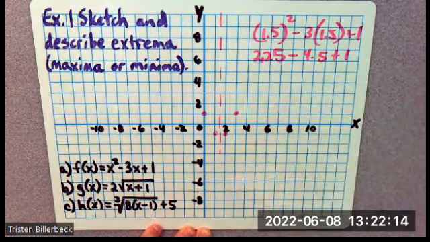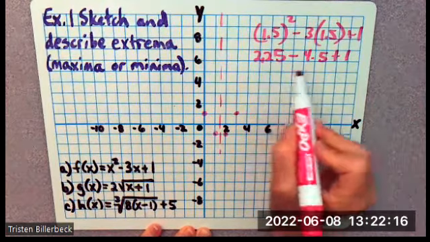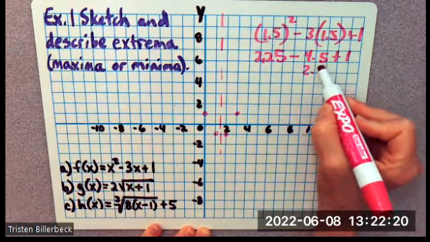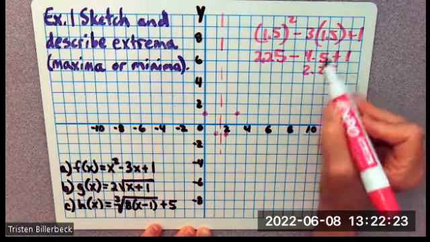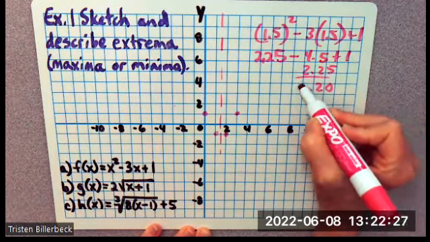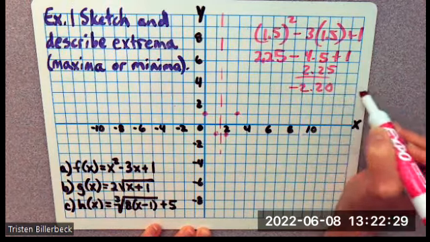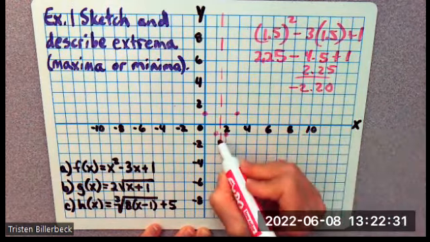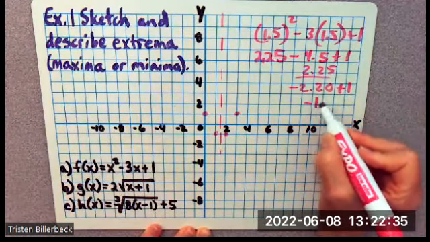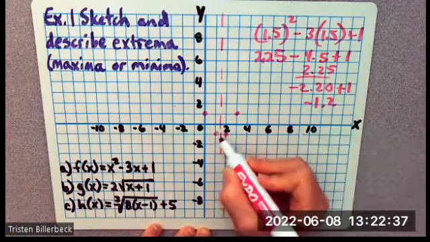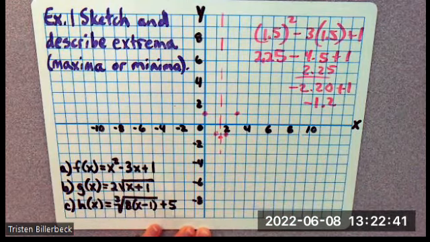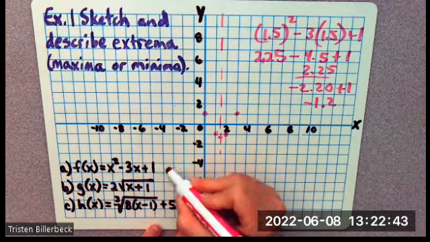So when we subtract 4.5 from 2.25, we can just do it this way and make it negative. So that's going to be 2.25, and it'll be negative. So this is about at -2, and we're going to add the 1. So our answer will be -1.25, which is right there. So that would be the minimum.